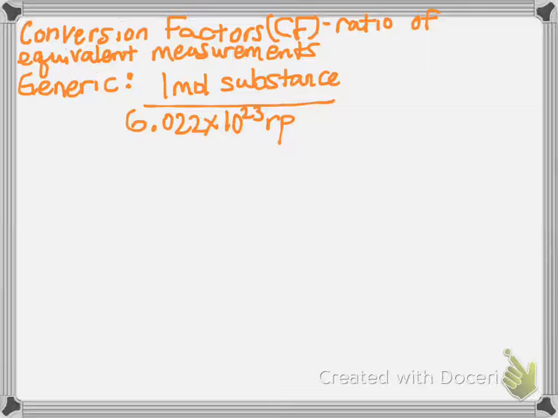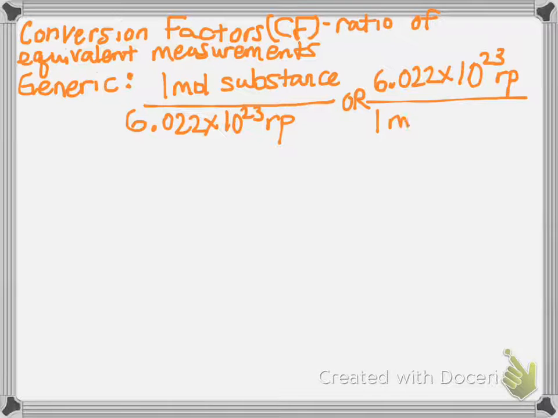Now, the power of a conversion factor is that depending upon where I need my units to be, I can flip them. So it's just as correct to write this as 6.022 times 10 to the 23rd representative particles over 1 mole of substance.